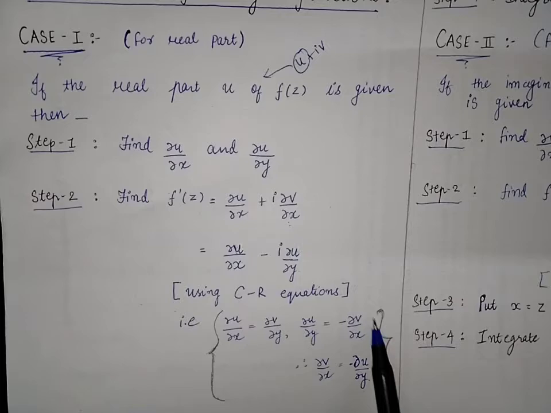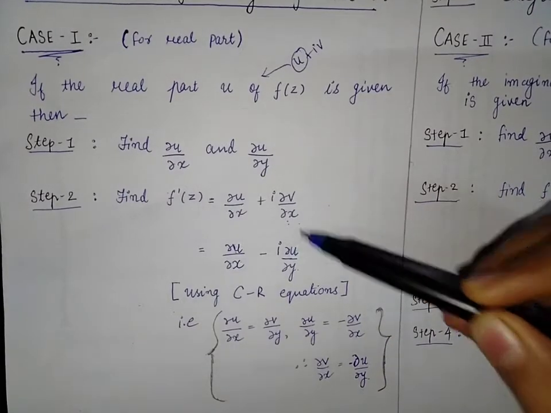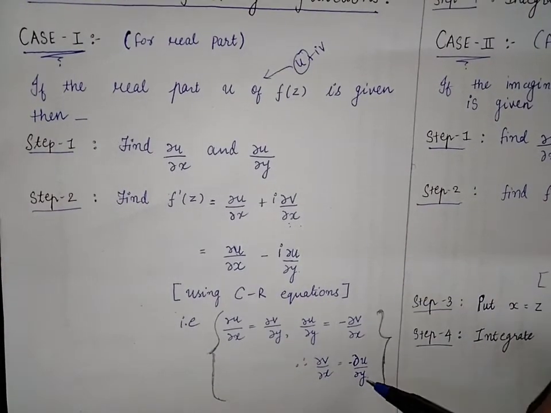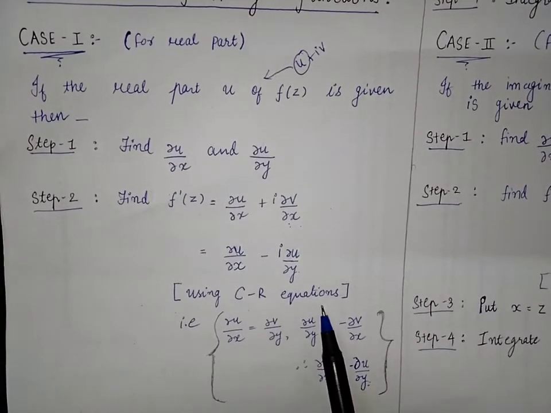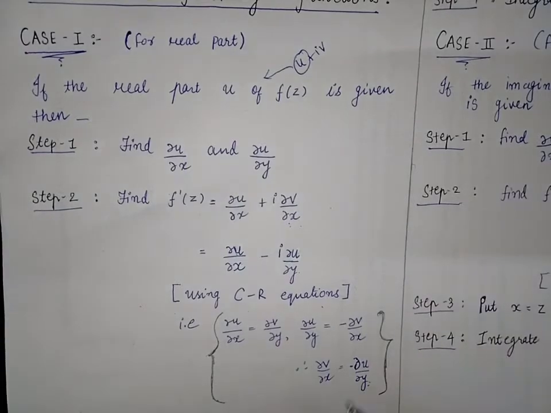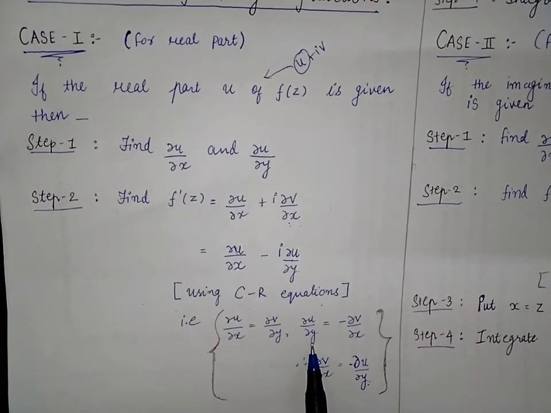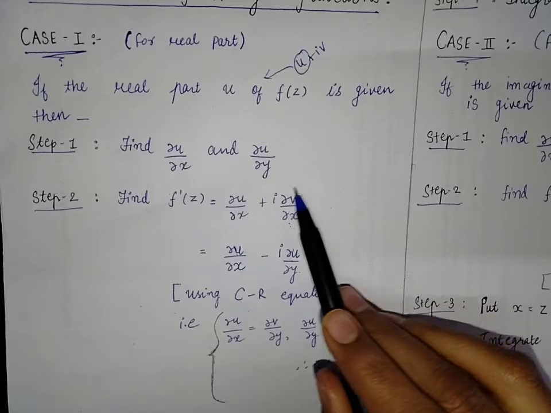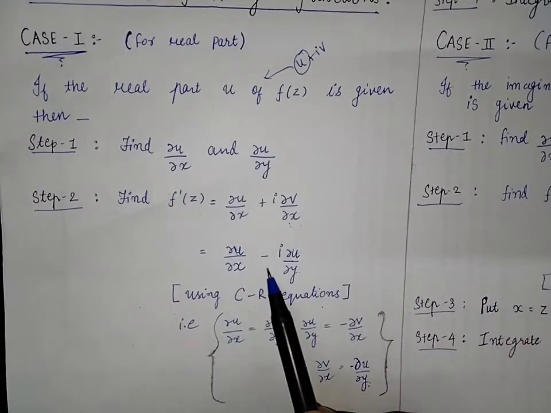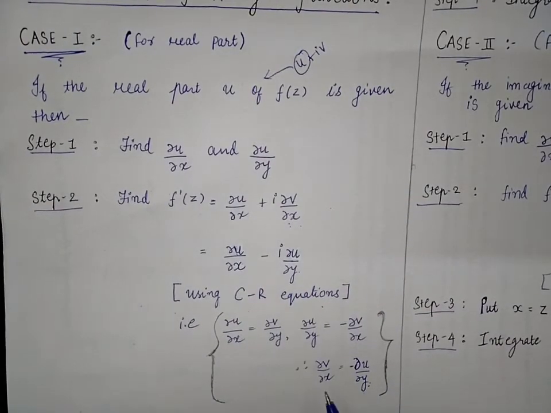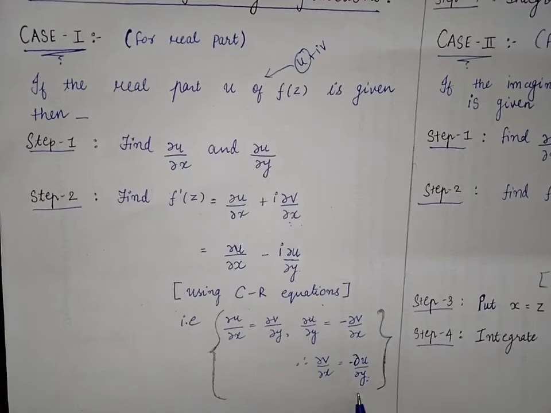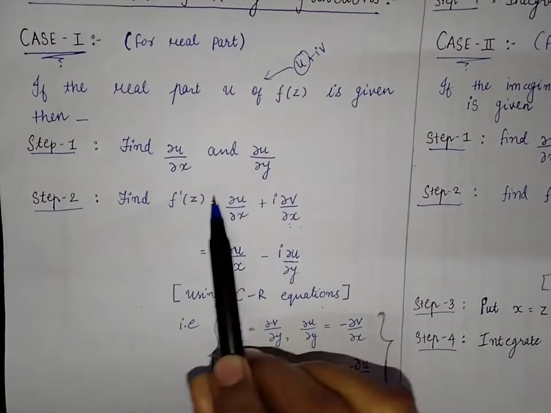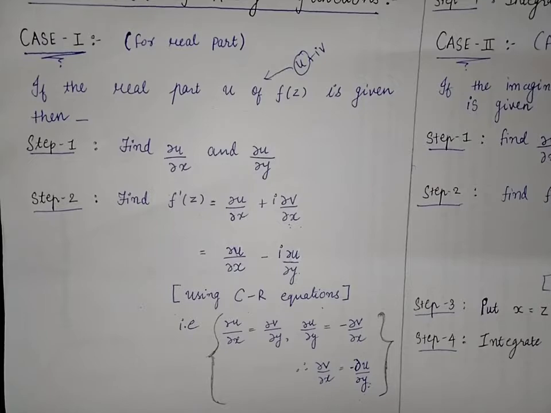So by using CR equations, here we have put minus i del u by del y in place of del v by del x, because according to CR equations, del v by del x is equal to minus del u by del y. This is the form which you have to use in the second step.